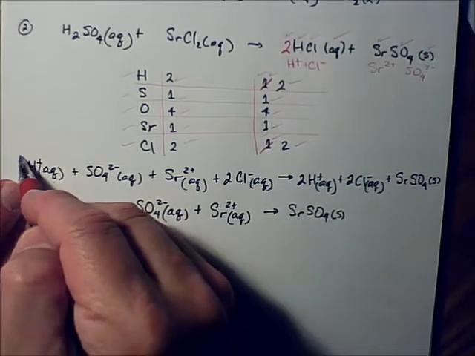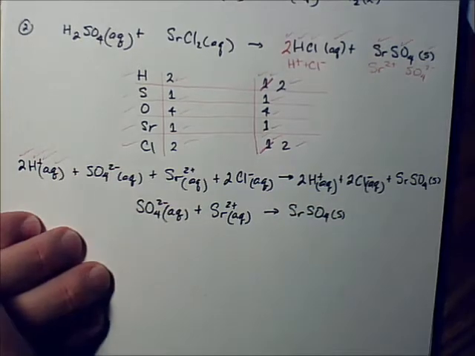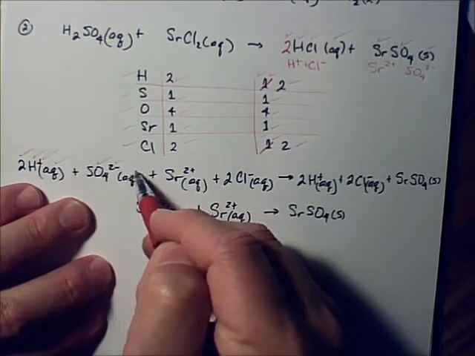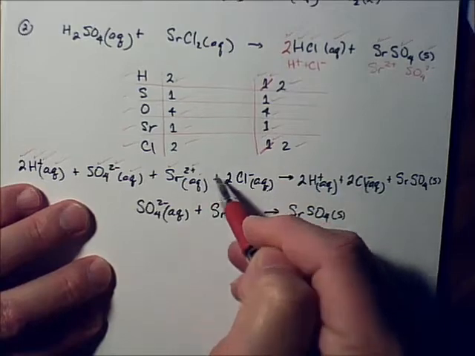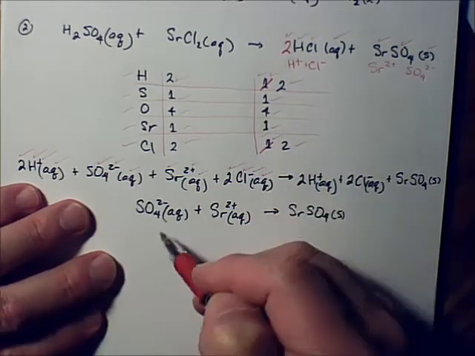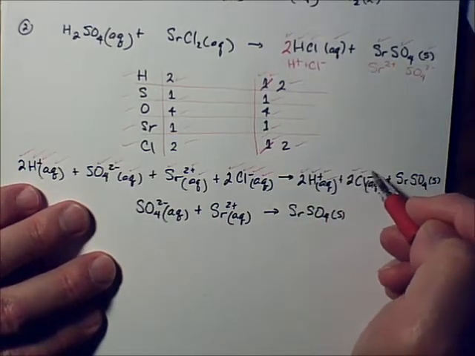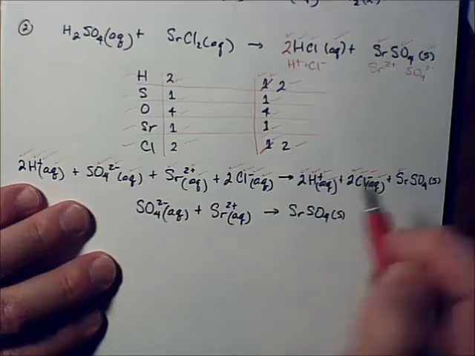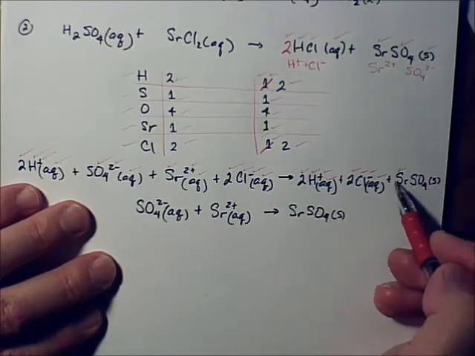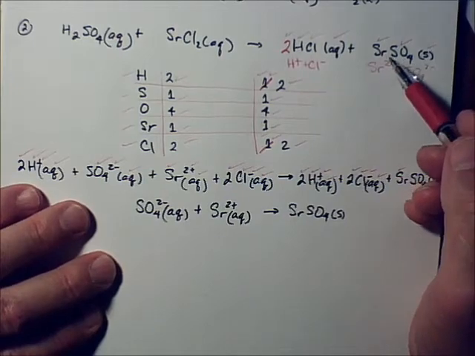All right, down here in the complete ionic equation, coefficient, symbol, charge, and physical state are worth a point. Coefficient, symbol, charge, physical state. We're going to give the whole strontium sulfate 1 point because it was written up here already.